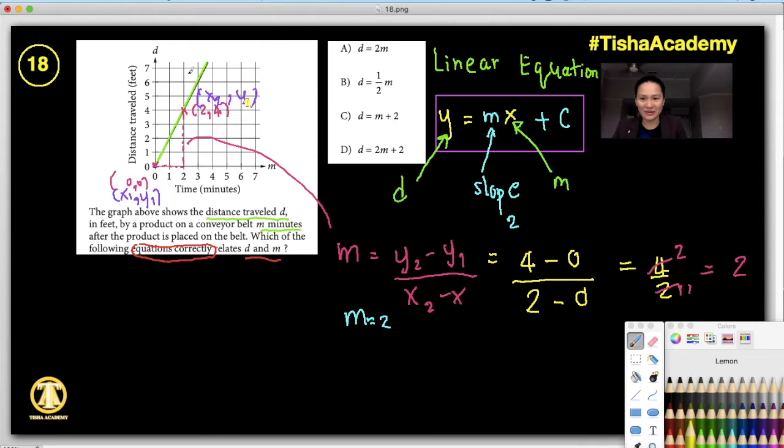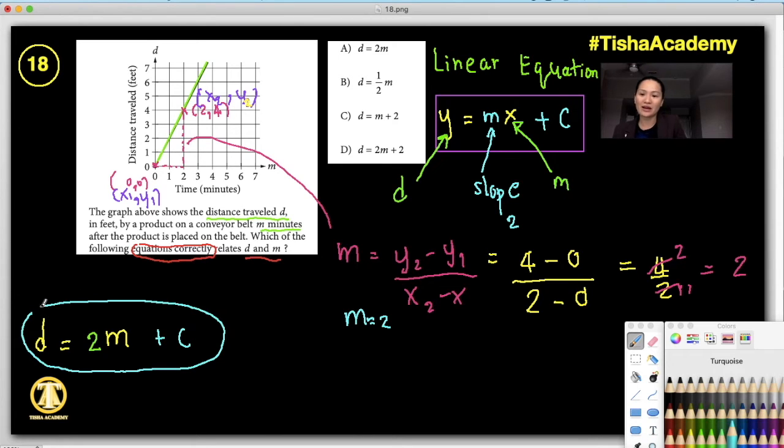y is similar to d. So my d equals m, I know that m equals 2, times x. x in this question is m, it means minute. Yeah, don't confuse m with slope. x is m, it means minute. Okay, plus c. c is a constant number that I don't know.